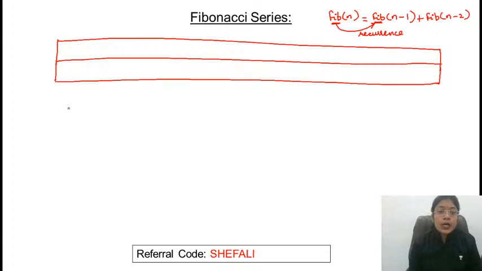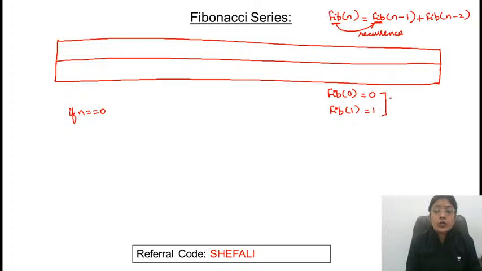So the termination condition: if I want to find the value of Fibonacci 0, that will be 0. Fibonacci of 1 will be returning 1. These are the two termination conditions for the Fibonacci series.